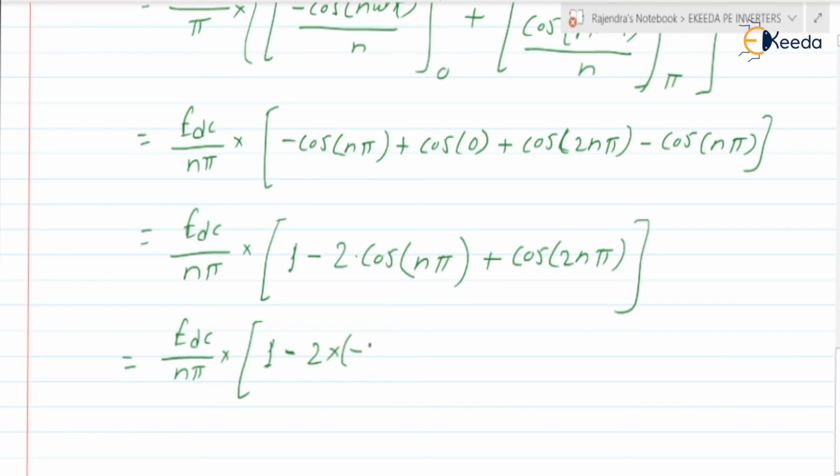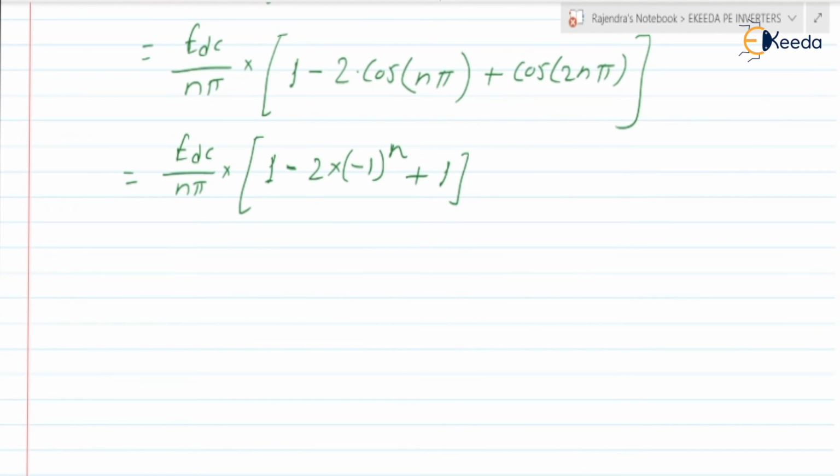So we can represent it as minus 1 to the power n. Next, plus, what is the cos of 2n pi? N is equal to 1, it is cos 2 pi, which is plus 1. N is equal to 2, cos 4 pi is 1 only. Next, cos 6 pi is also 1 only.